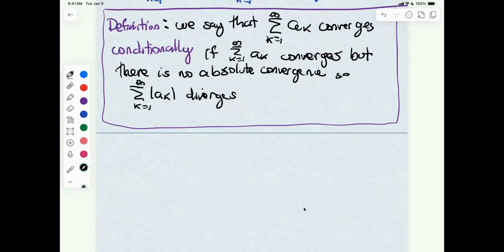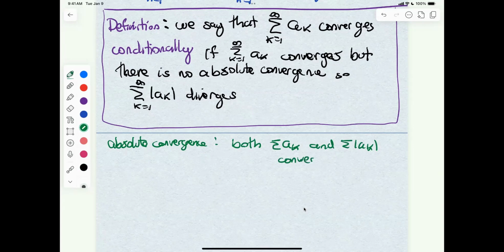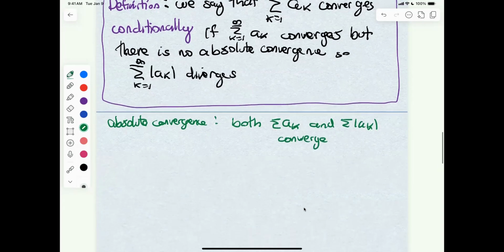So maybe to make it as a table, with absolute convergence, both converge. And with conditional convergence, only the first one converges.